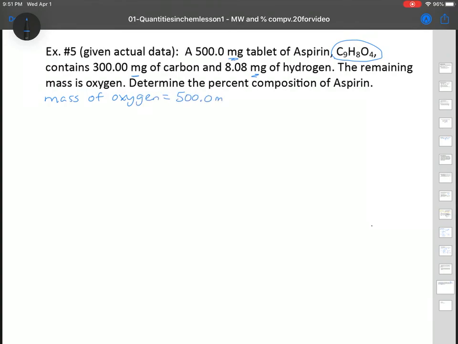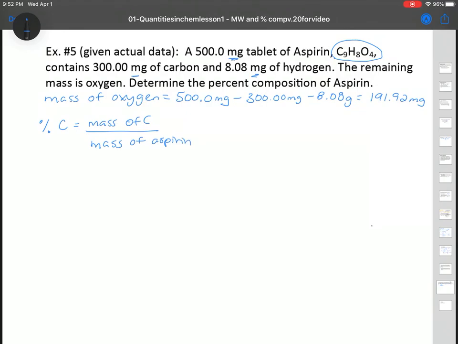So if the total is 500, and 300 is carbon, and a little bit is hydrogen, we get 191.92 milligrams of oxygen. When you do a percentage, the units, like milligrams or atomic mass units, cancel out because you've got one on top of the other.